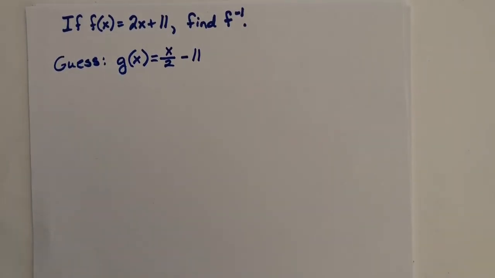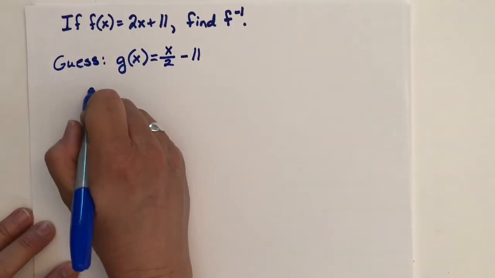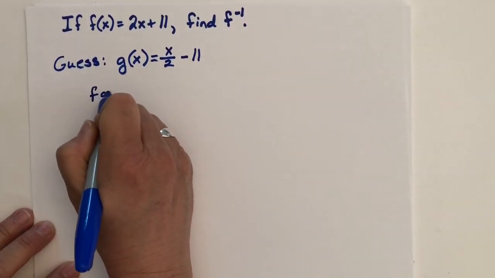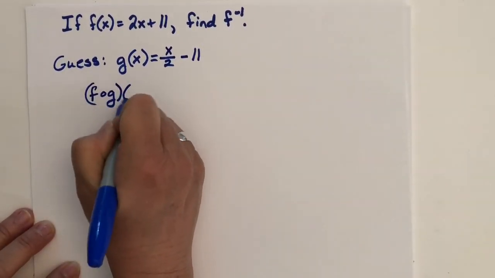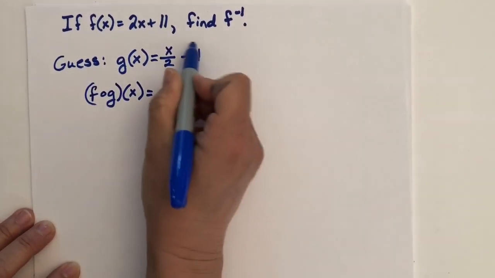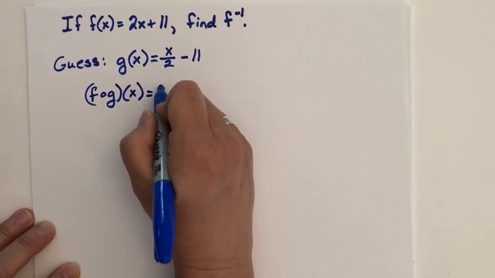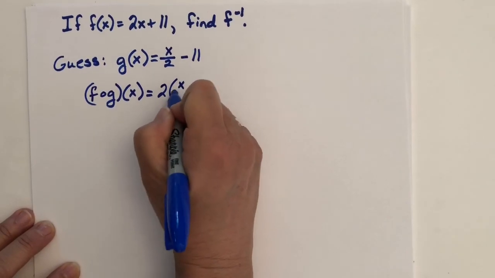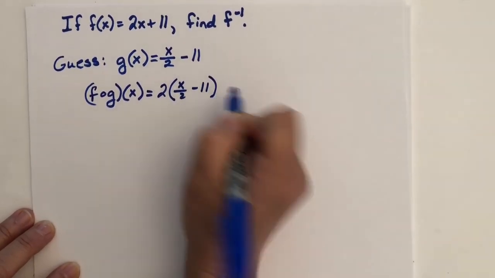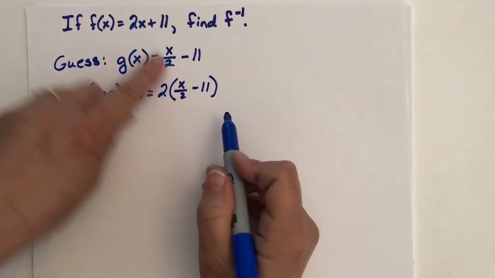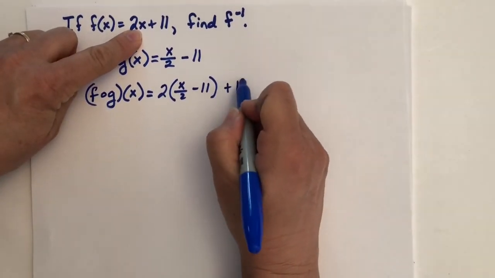So this is a common guess. Let's see if in fact they're inverses. We know that the test would be f composed with g of x. So I'm going to put this g function into the f function. So we have 2 times x over 2 minus 11. I popped that in right here, and then we still have the plus 11 part.